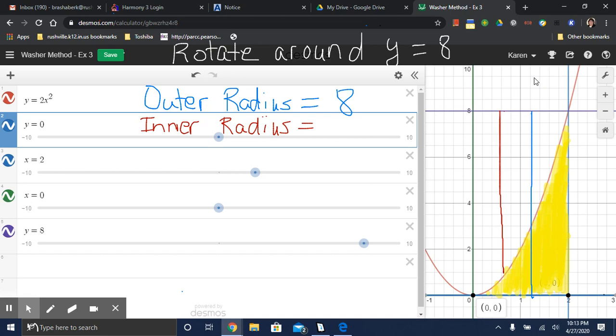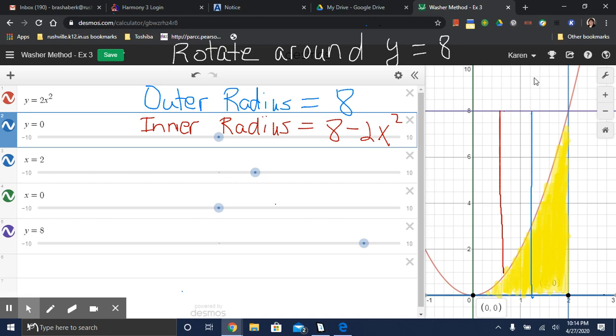All right, now it's tempting to say that that would just be the parabola, but actually the parabola is measured from the x-axis up. So going from 8 down, we would actually have to take 8 and subtract the parabola. So that inner radius is 8 minus 2x squared.